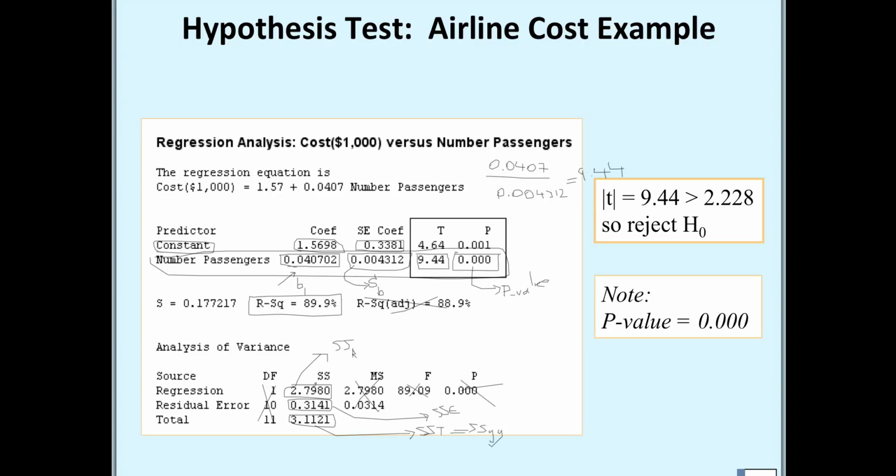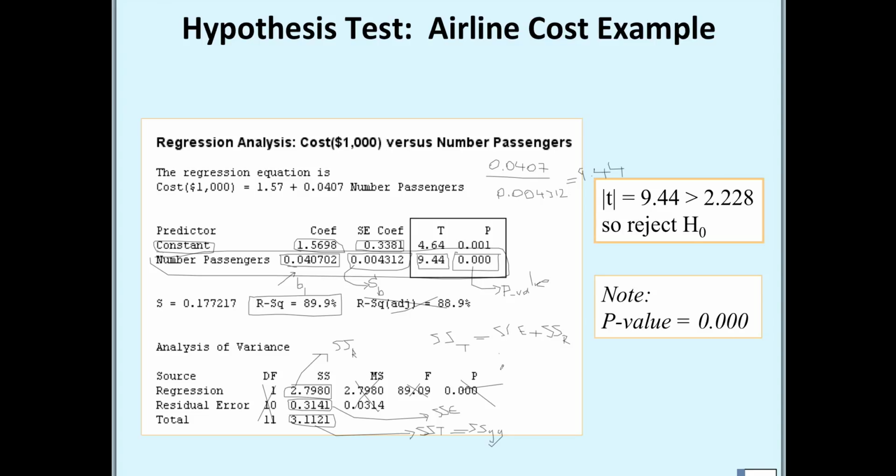If I give you SSE, you should be able to find SSR and R-square. Remember, SST was SSE plus SSR. So if I give you two of these values, you can find the next one.